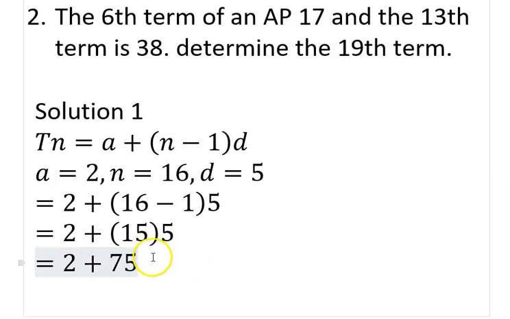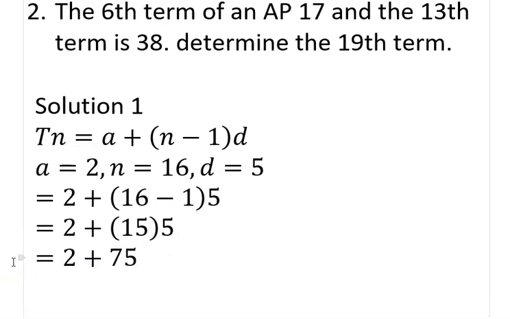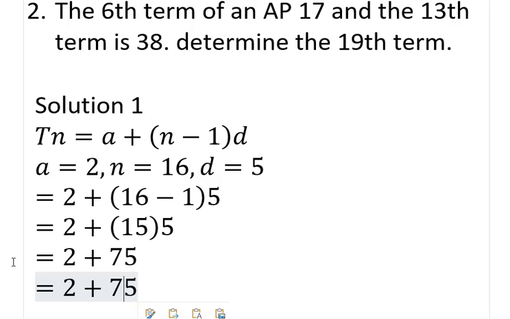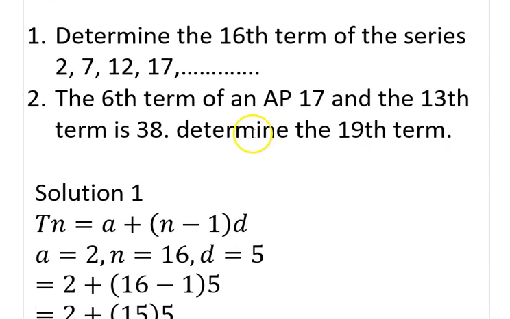Awesome. So from here, you say 75 plus 2 will give you 77. So that is your 16th term. 77 is your 16th term. For example, this is your first term, second, third, fourth, fifth.